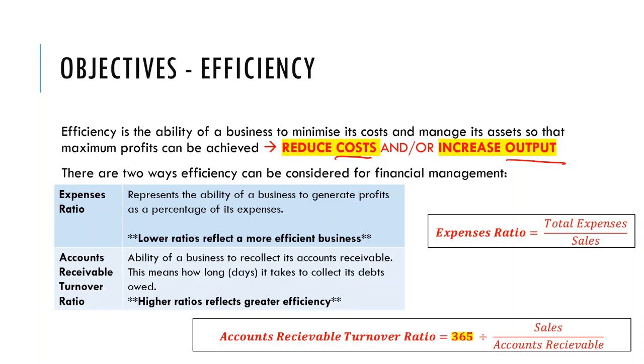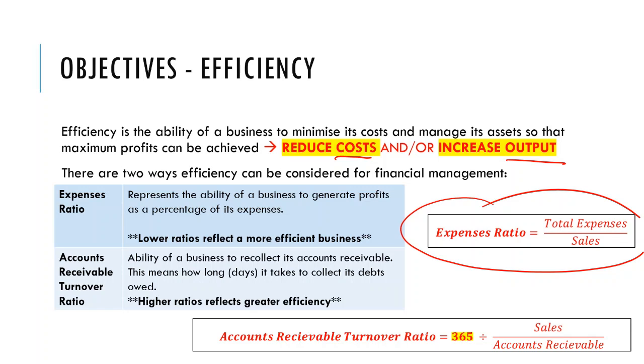So what we have here is our expenses ratio. It's our total expenses over our sales. Now, this really represents how efficient the business is in getting more revenue for what the existing stock can produce, or reducing costs.